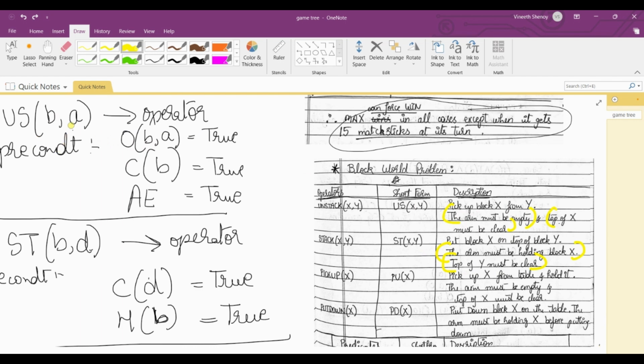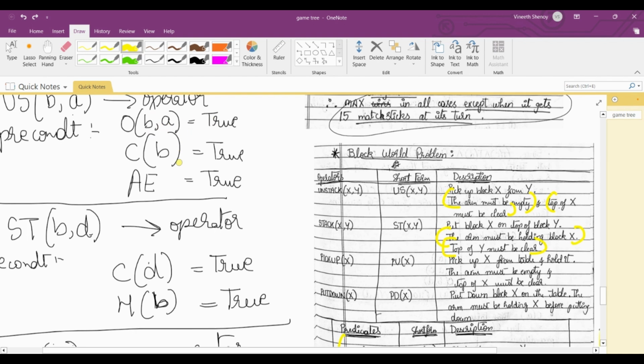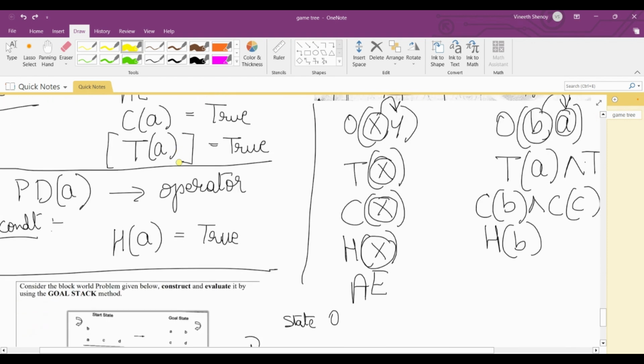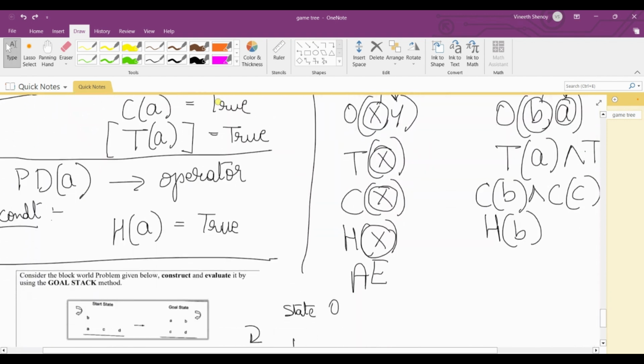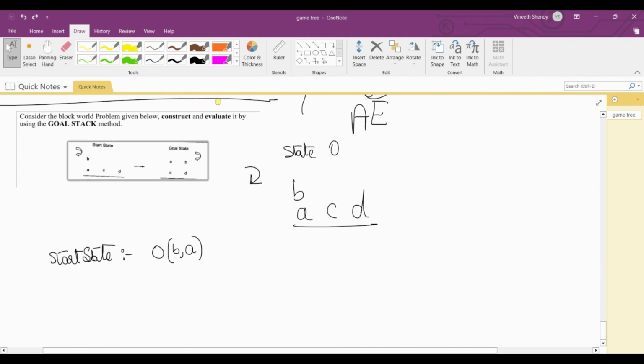If you have to unstack some block B which is on block A, first it should be on block A. If it is not, then how are you unstacking it? So that's one condition that needs to be true. If there are any changes in these preconditions, you will come to know in this problem.